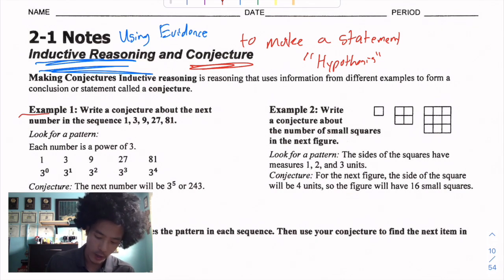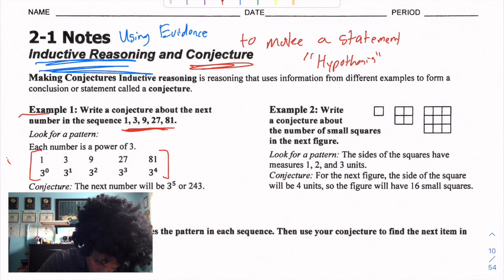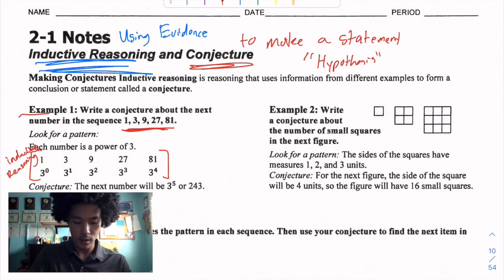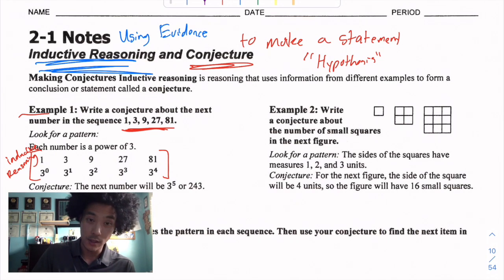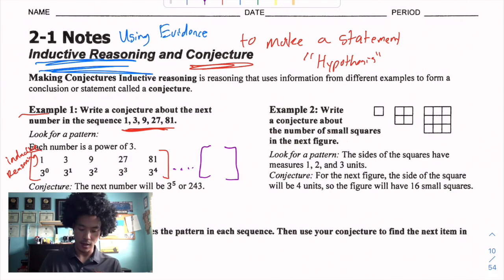Looking at example 1, write a conjecture about the next number in the sequence. The answer is already here for you, but I just want to break it down. This red part is your inductive reasoning, which would lead to your conjecture, which is your next statement, your educated guess.